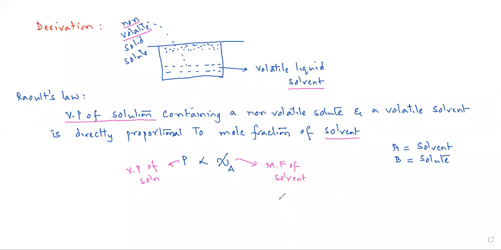As the mole fraction of the solvent increases, I mean, as the quantity of the solvent increases, vapor pressure increases, right? Now, you need to be very careful. Let us remove this proportionality and write a constant. So P is equal to K into XA.